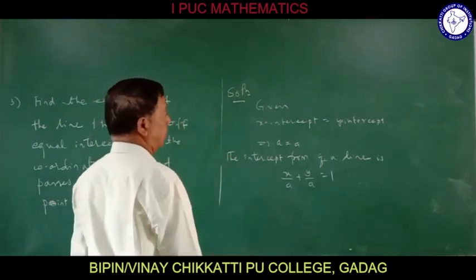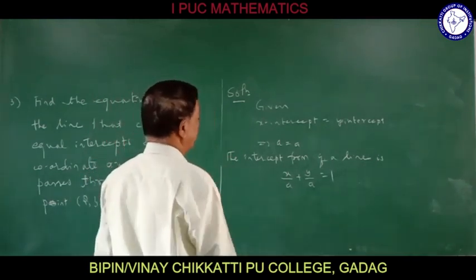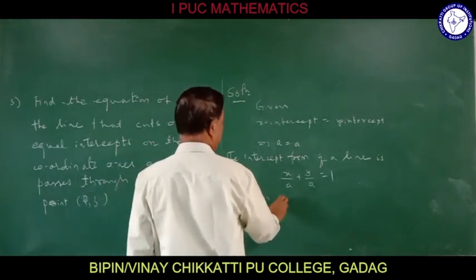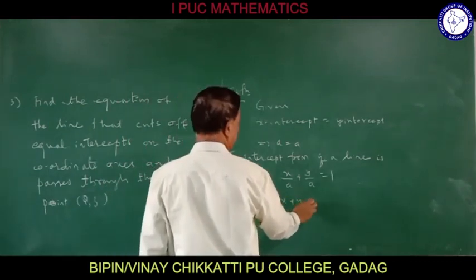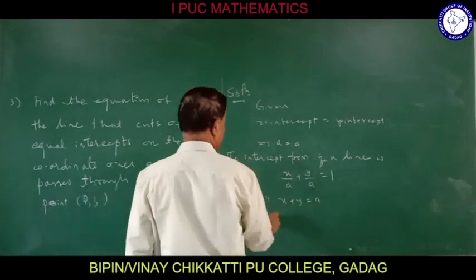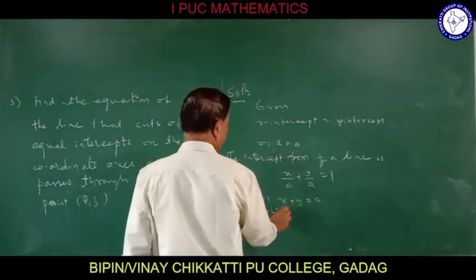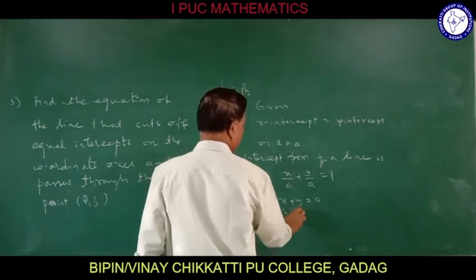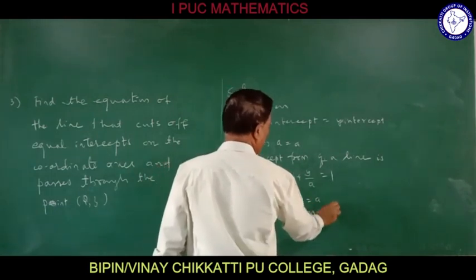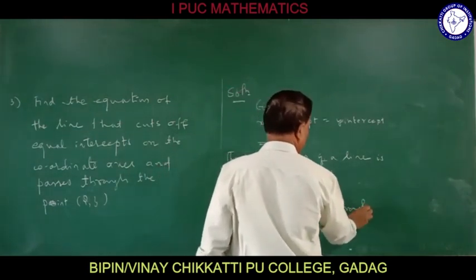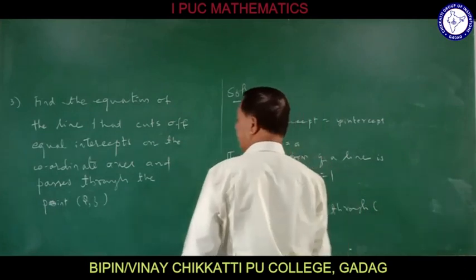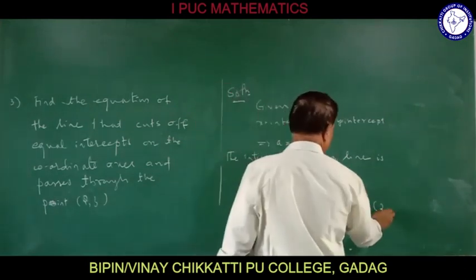Because both intercepts are the same, multiplying both sides by a, we get x plus y is equal to a, which passes through the point 2, 3.